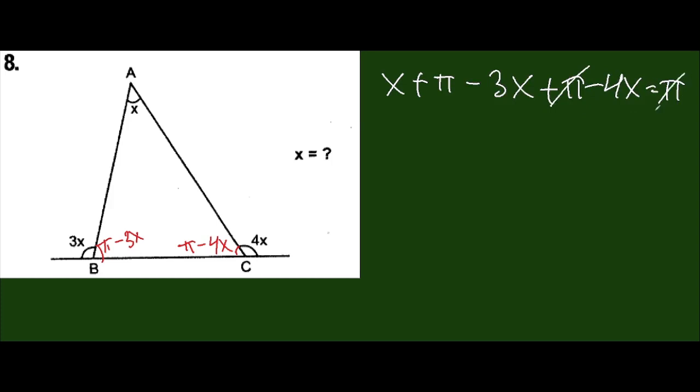So one of the pi's will cancel, and we will get minus 7, minus 6, and 6x will equal pi, which means 180 degrees, and x here will equal 30 degrees.